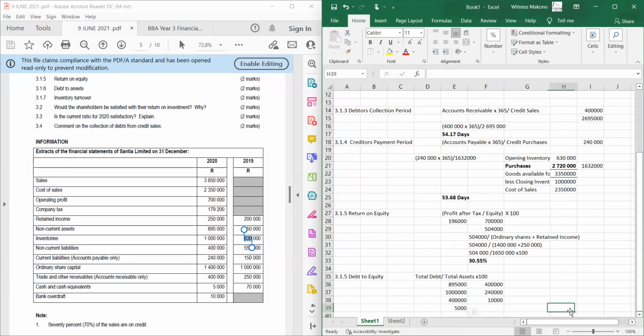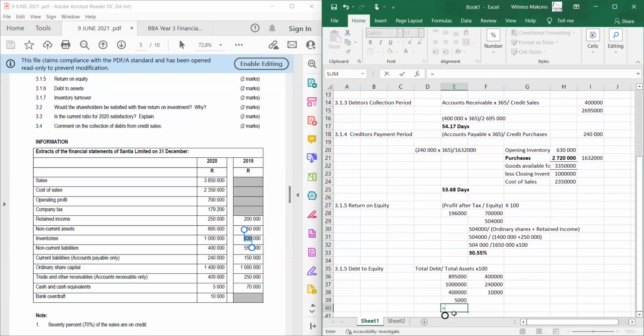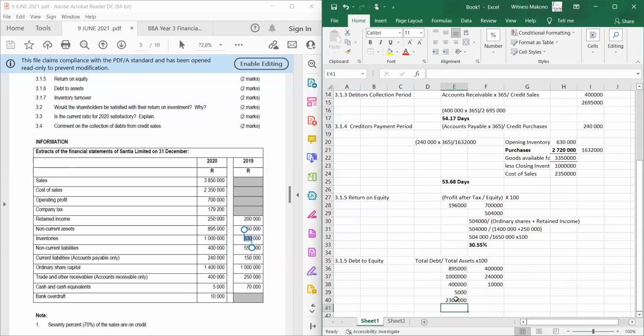If we add there, equals this plus that plus this plus that. Okay. So these we've added already. So these are the figures for current assets to current debt.